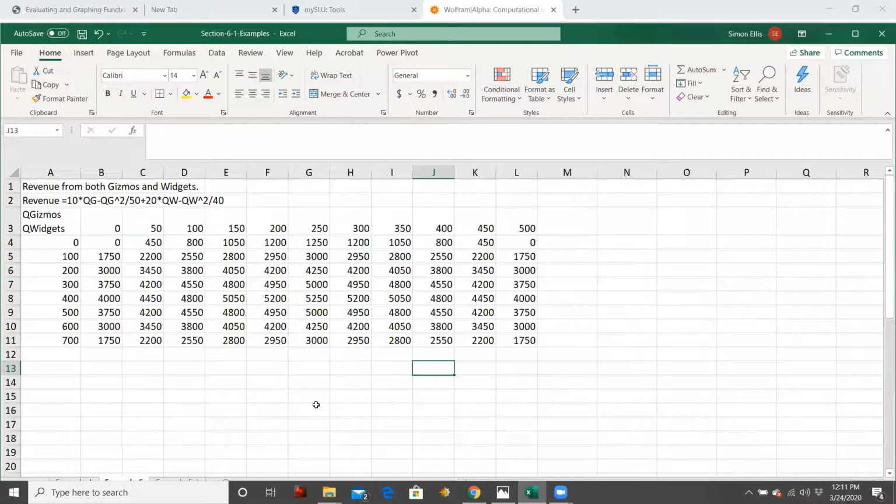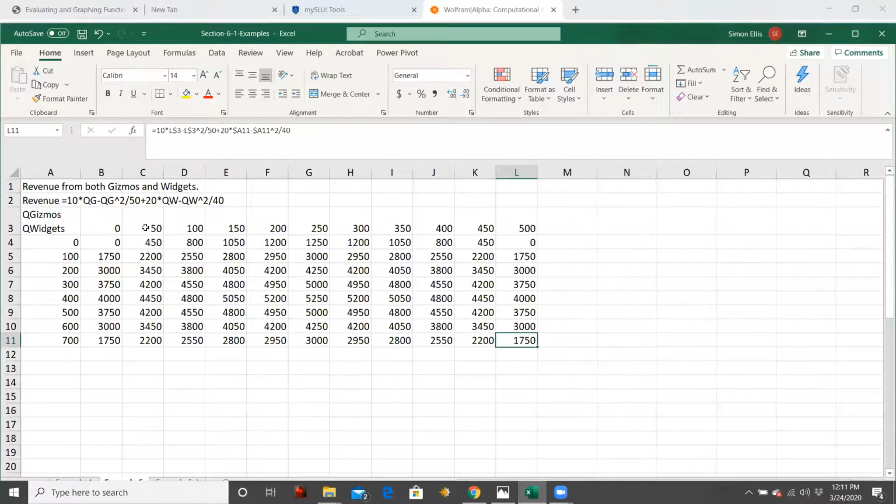Okay, so this example is from problem 6.1.5 in your book. And so what we've done is we've set up our Excel here, and we have our data table. And in the example, they talk about using the same methods we used previously to make a wireframe or a 3D model. What I want to do now, though, is use Wolfram Alpha. Okay.